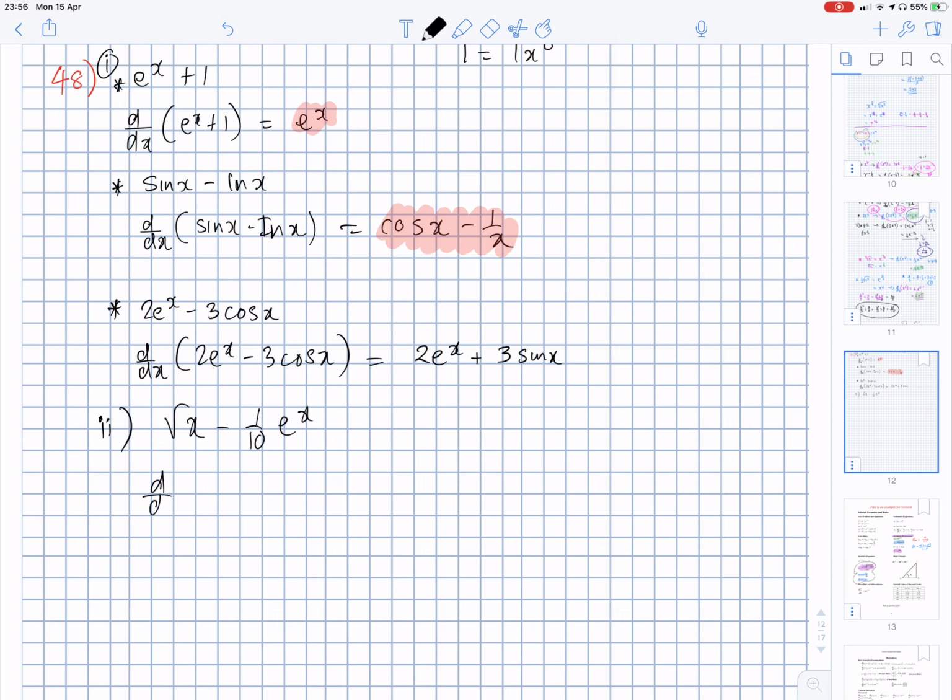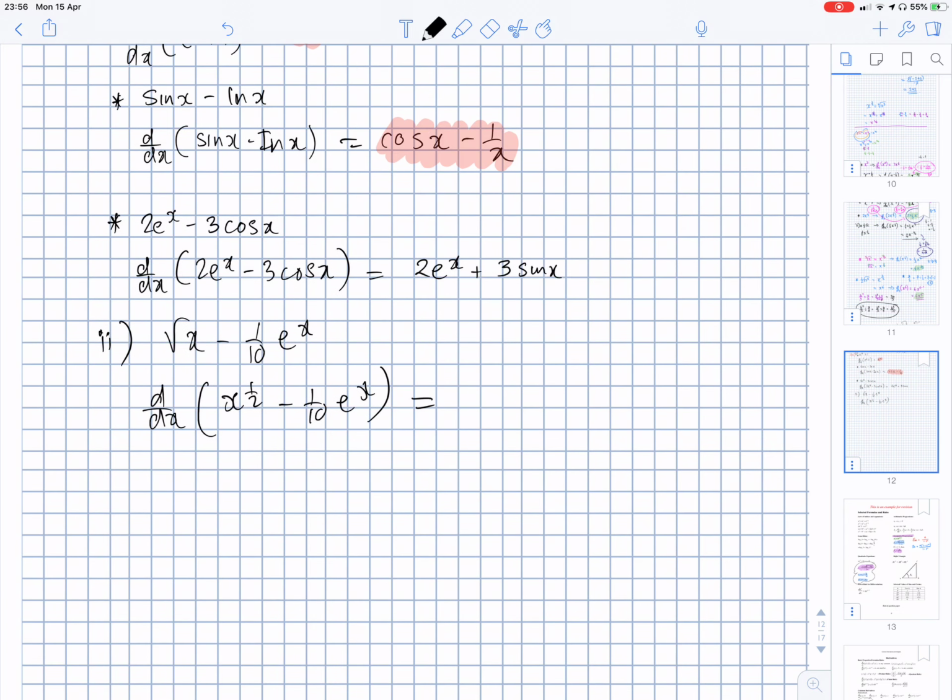You do d/dx of root x, remember, is x to the power half, minus 1/10 e to the power x. So the first part is half x to the power minus half, minus 1/10 e to the power x. And that's it. That's the first of the three.